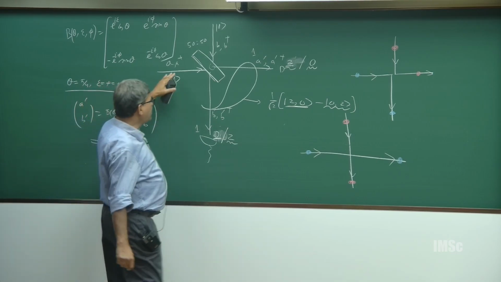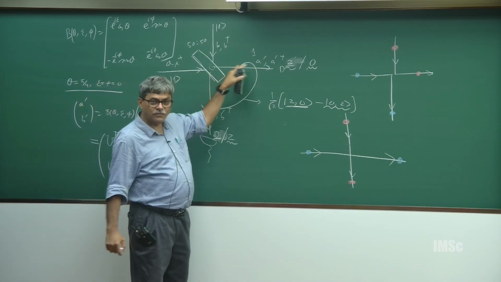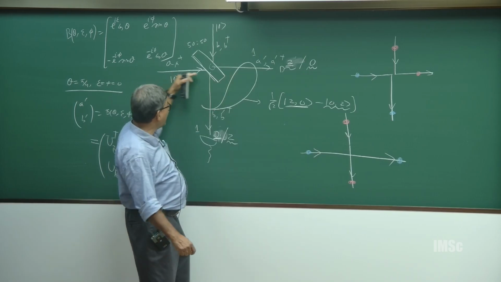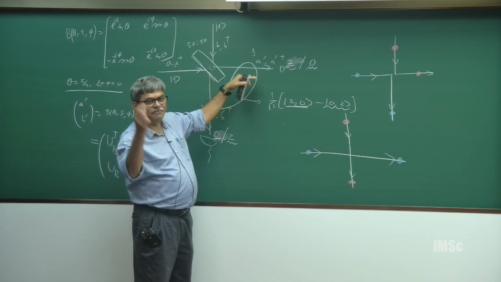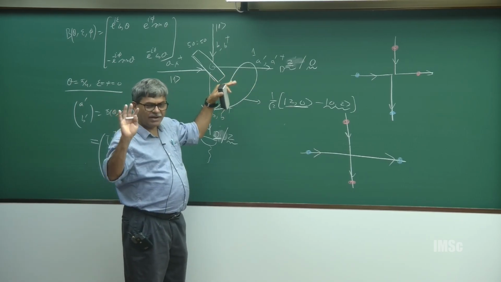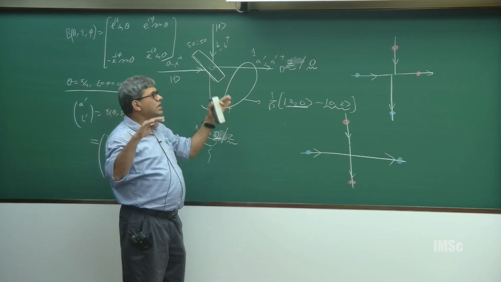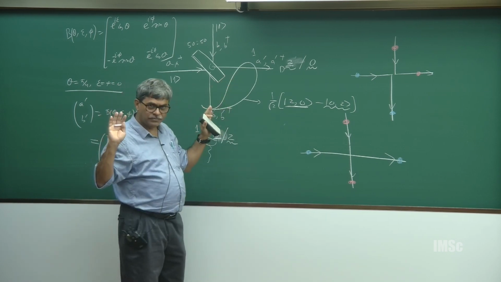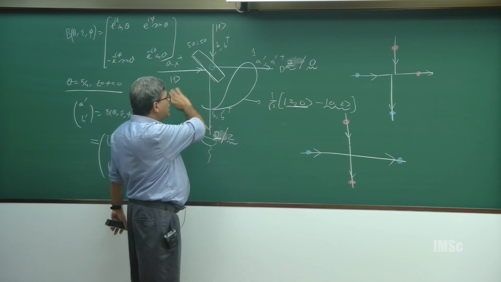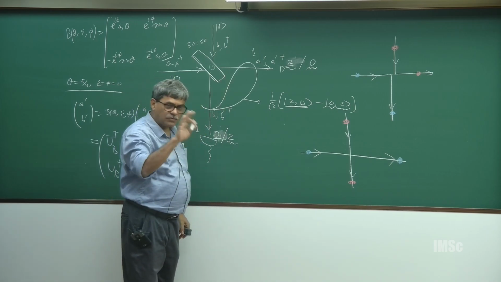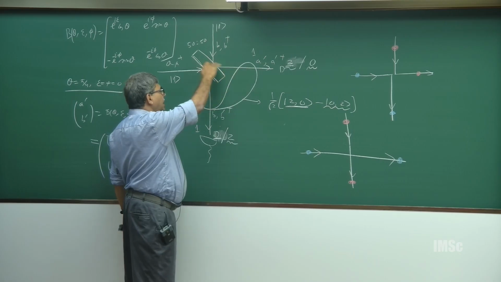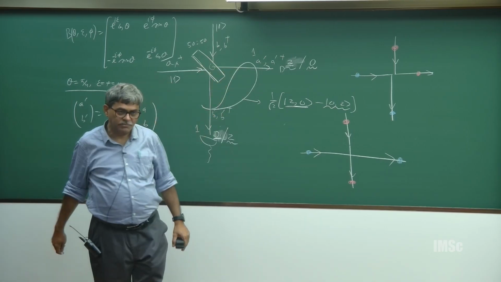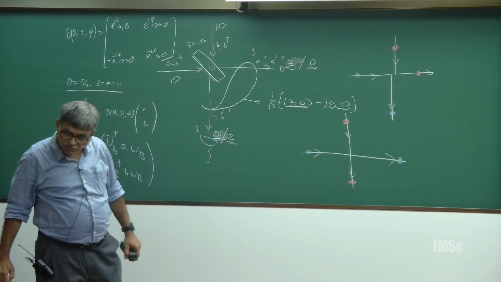So, if light passes through here, a photon for example transmits from this side to this side, it will acquire a negative phase. That is just a convention, I am not taking such a phase convention for anything else. So, for all other paths there is no change in phase. Okay. So that would be relevant for us.